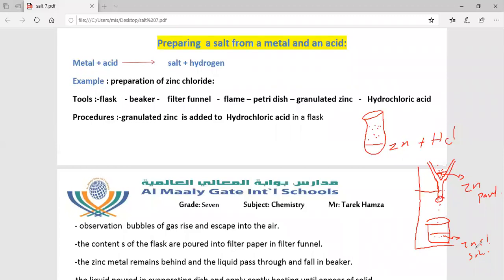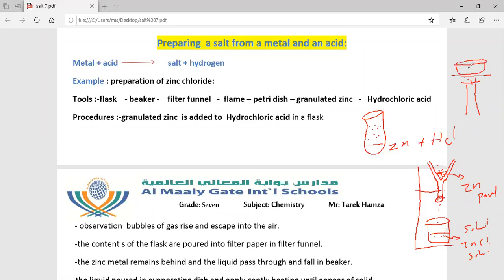We take this solution found in the beaker and put it in a petri dish above the flame. This is the flame, and this is the evaporating petri dish.